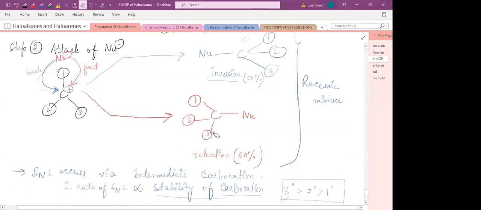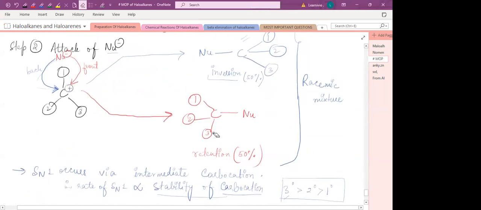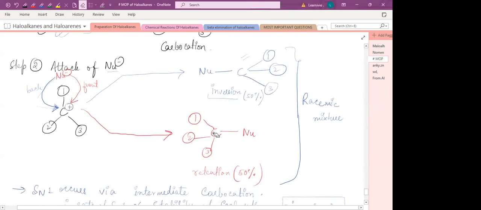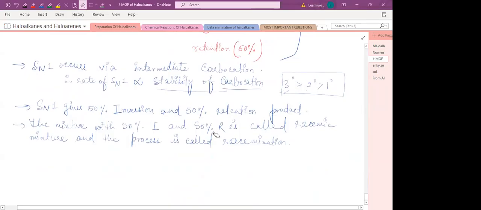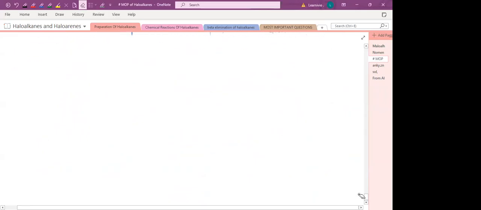Have you written the mechanism? Yes, sir. Okay, let's do the mechanism for the SN2 type of reaction.